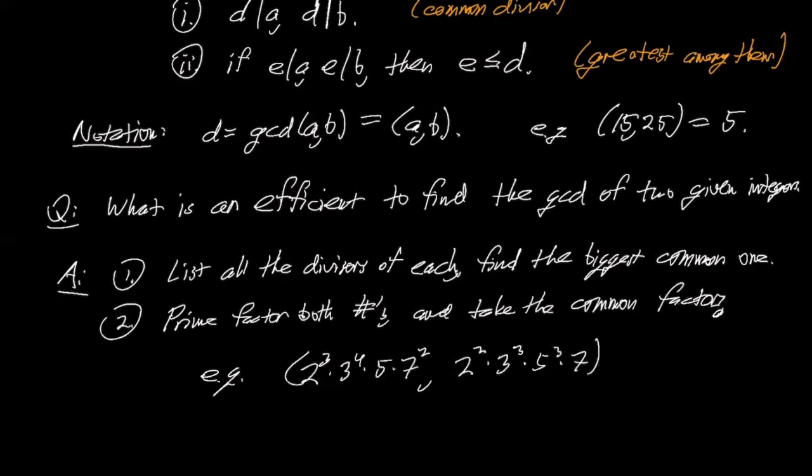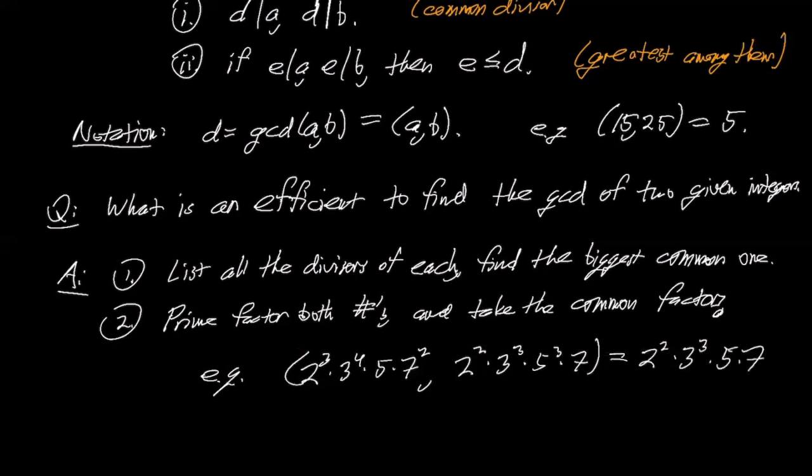Well, you can just sort of see, each of them has two 2's in it, but this one doesn't have a third 2. This one does. This one has 4 3's. This one has 3 3's, so they share 3 3's in common. This only has 1 5. This has 3 5's. This only has 1 7. This has 2 7's. So once you have a prime factorization, you can pretty much just write out the GCD. It's 2 squared times 3 cubed times 5 times 7.